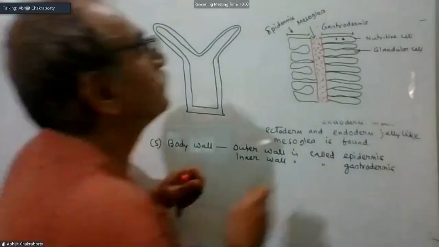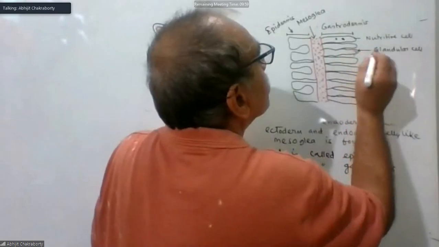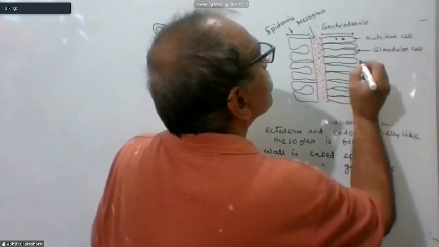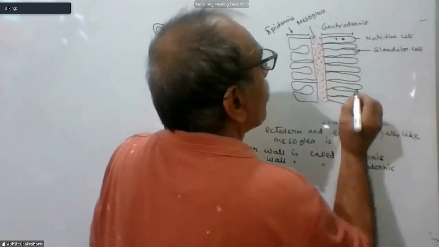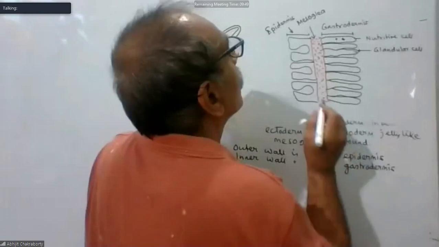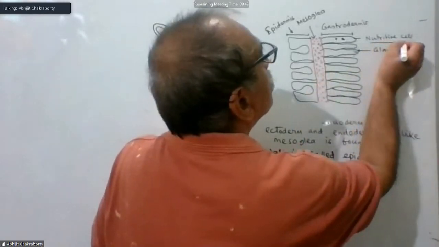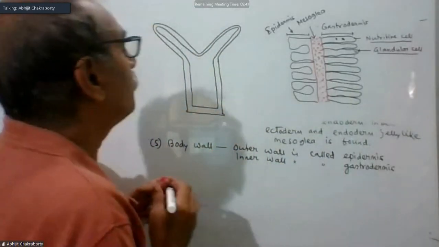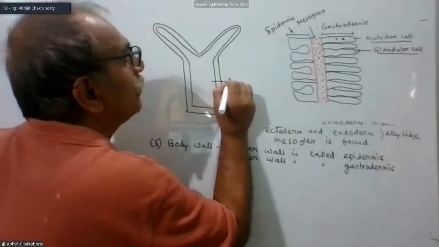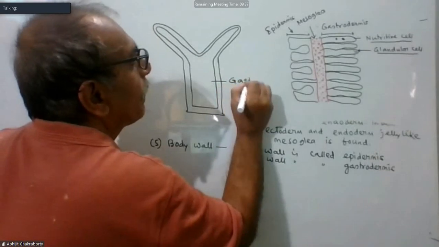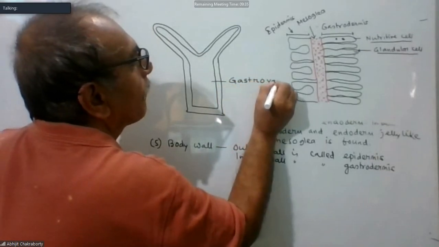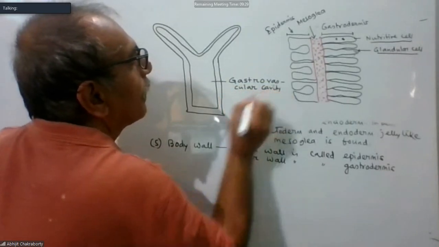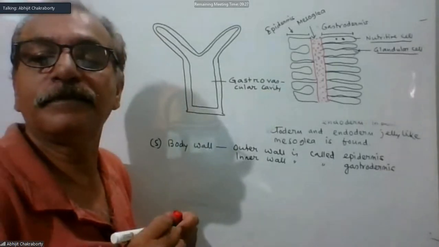Besides these, some interstitial cells and sensory cells are also found. Now I am coming to the nutritive cell and glandular cell first. In Hydra, it is called the gastrovascular cavity.